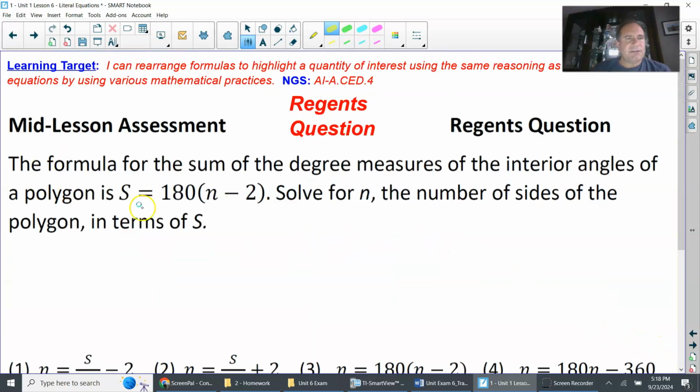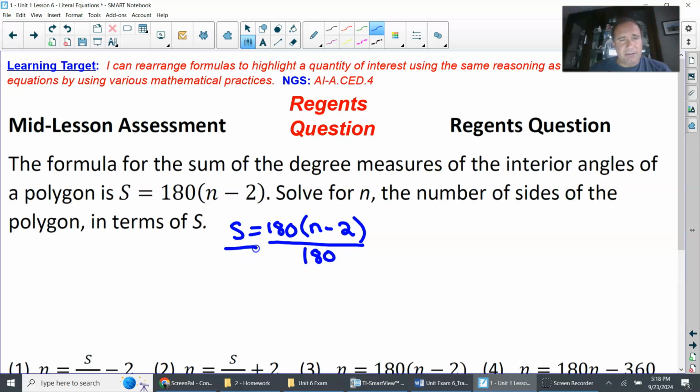All right, mid-lesson assessment. The formula for the sum of the degree measures of the interior angles of a polygon is S equals 180 times n minus 2. It says solve for n. So again, you don't distribute. Divide by 180. This cancels, and you get S over 180 equals n minus 2.